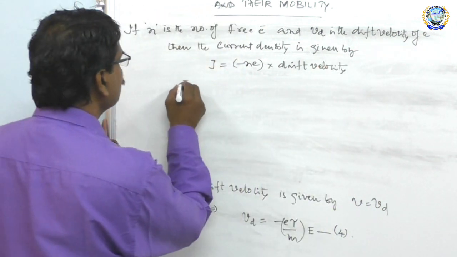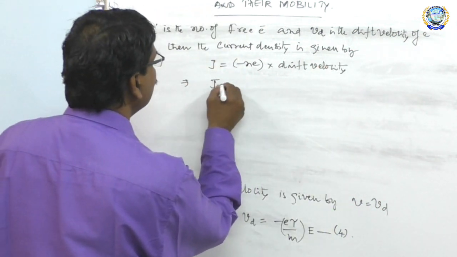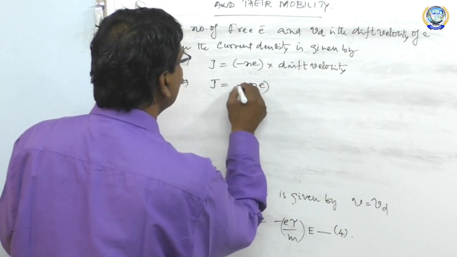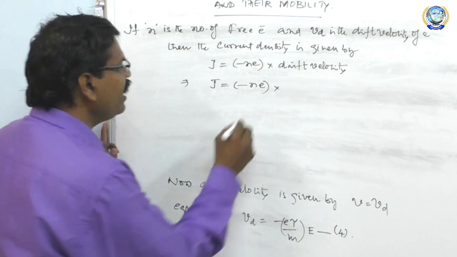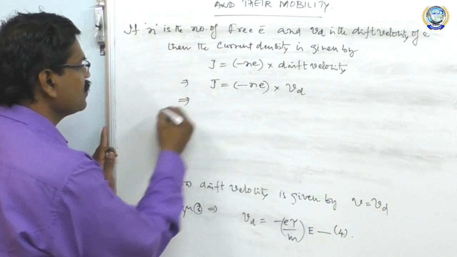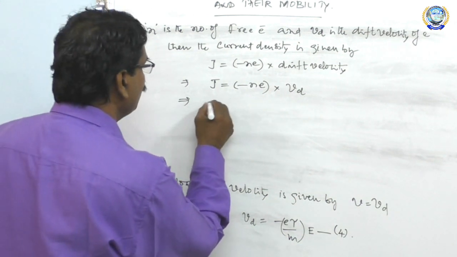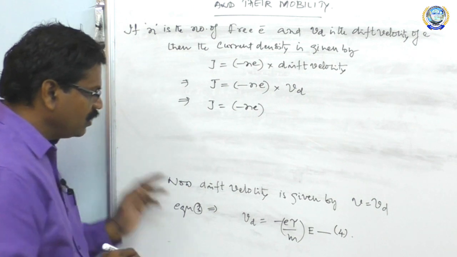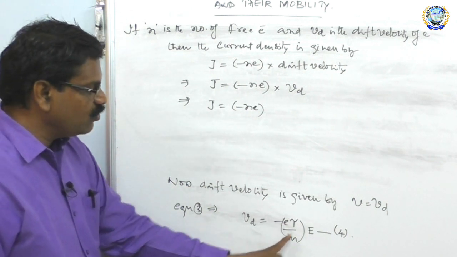That implies J is equal to minus ne into vd, is equal to minus ne into minus e tau by m into E.